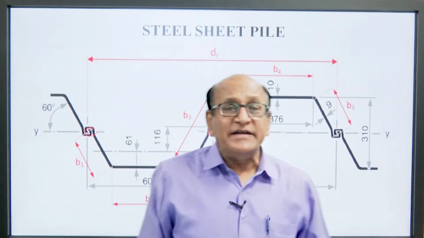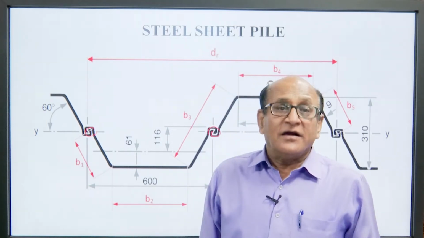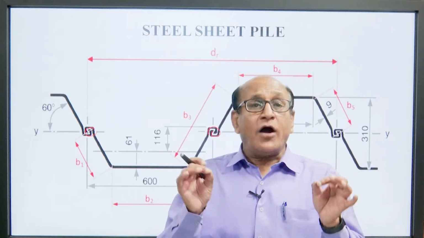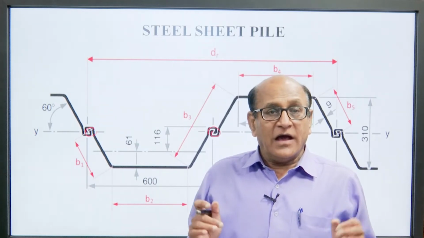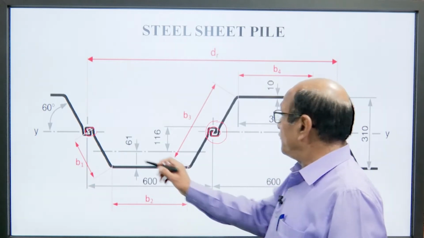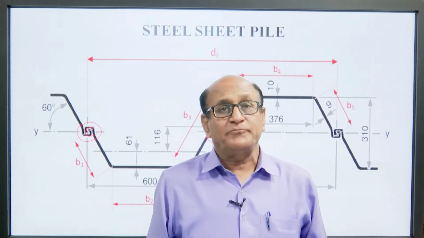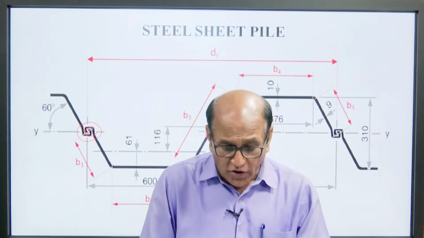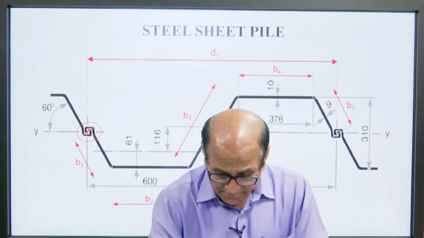So, this is a detailed specification of a steel sheet pile. The main thing of this sheet pile is fixing of two sheet piles together, and for this purpose we can easily see how this one and this one attach to each other. This is a detailed drawing of a typical steel sheet pile.